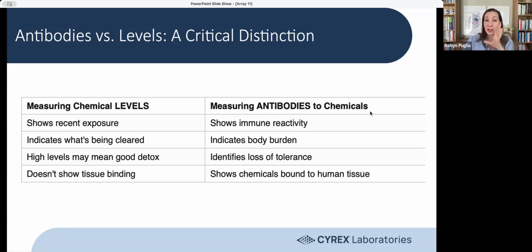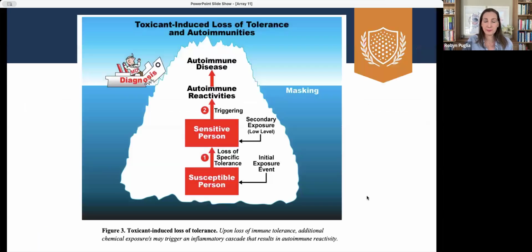If you have lost tolerance to that chemical, even a small exposure can lead to a significant inflammatory response or even potentially trigger a flare of the autoimmune disease. So understanding the antibody involvement in chemical exposure or the body burden is a distinction when you're working with immune-mediated chronic illness.